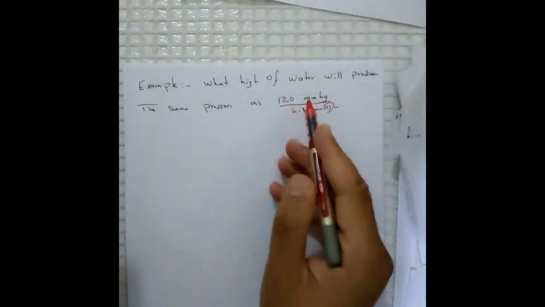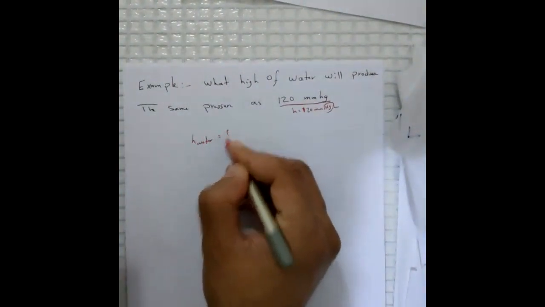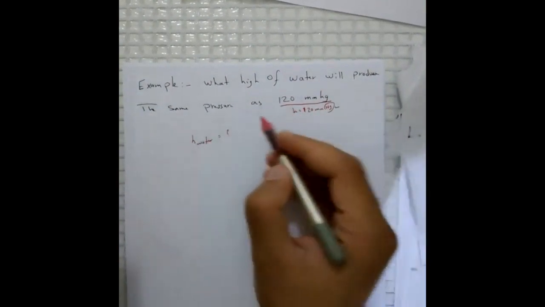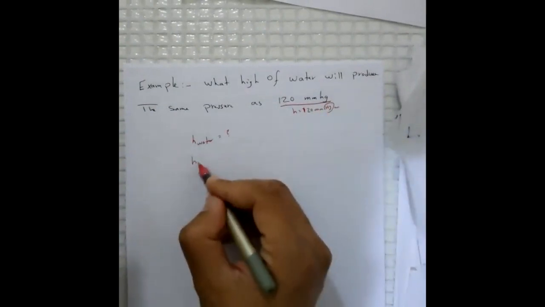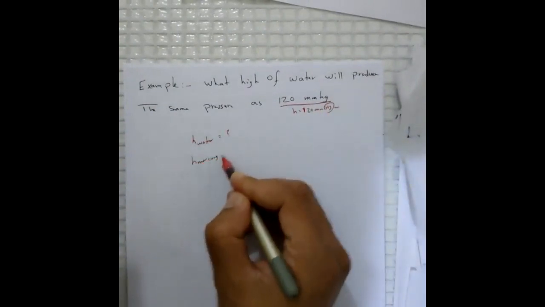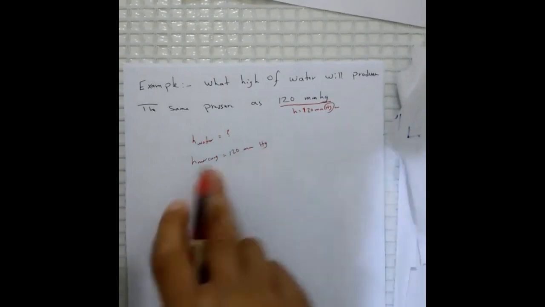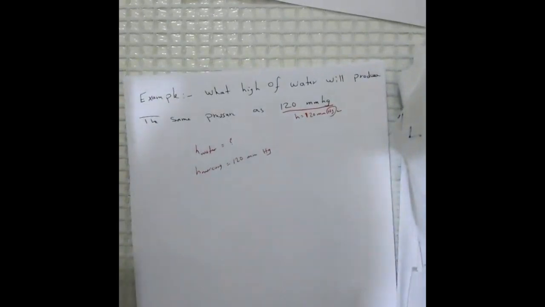Now we will rewrite it. What is the height of water? So H of water is required. It will produce the same pressure as 120 millimeter mercury. The H of mercury is given as 120 millimeter mercury, and he wants H of water.